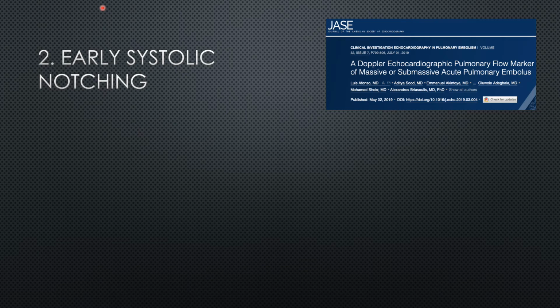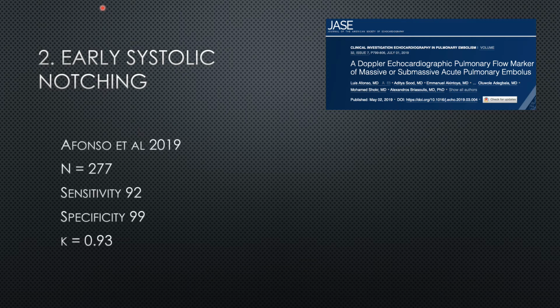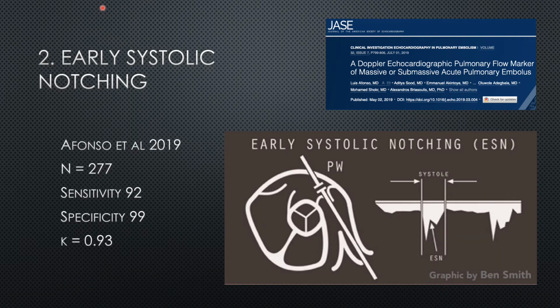So one other Doppler measurement that I just want to mention is early systolic notching. So there was a paper in 2019 that found if you put your pulse wave just before the pulmonary valve and you see a notch in the spectral waveform, then this is actually very accurate for acute pulmonary embolus.